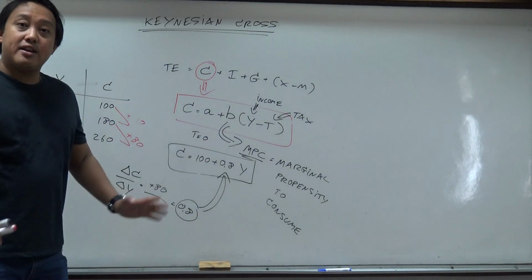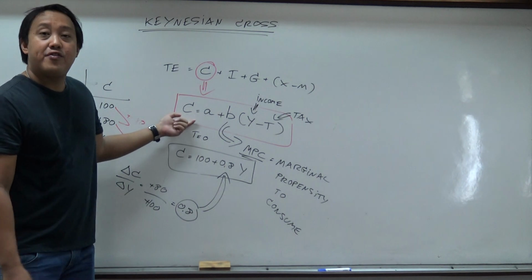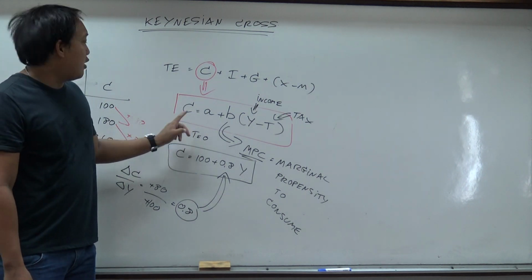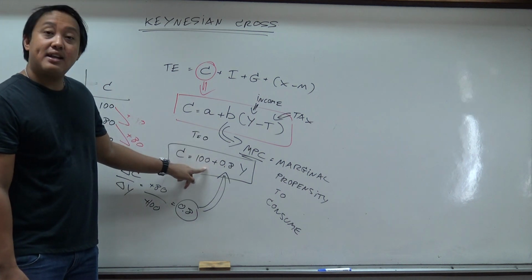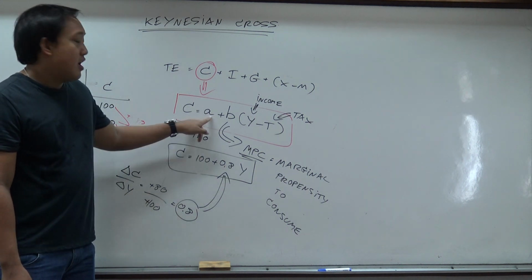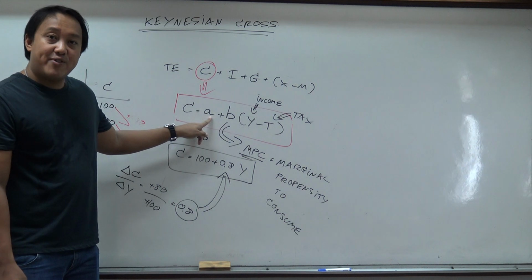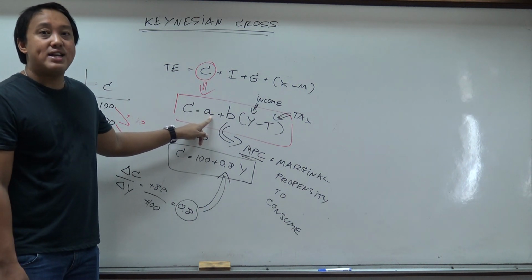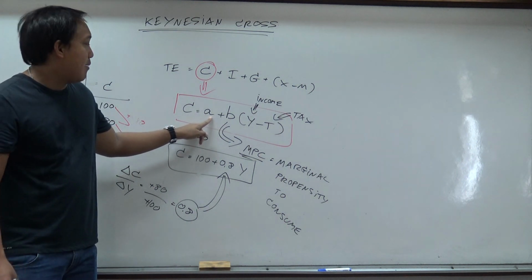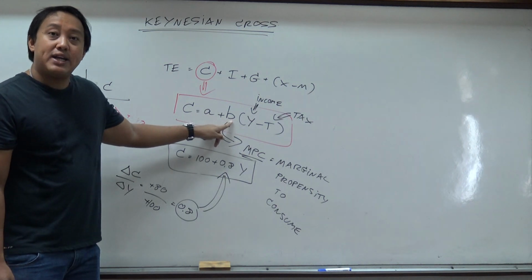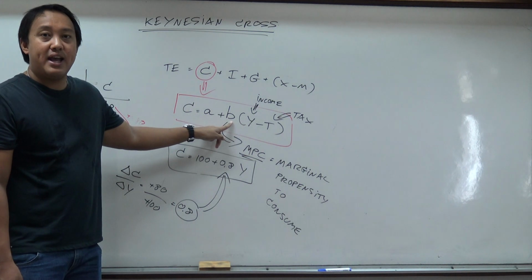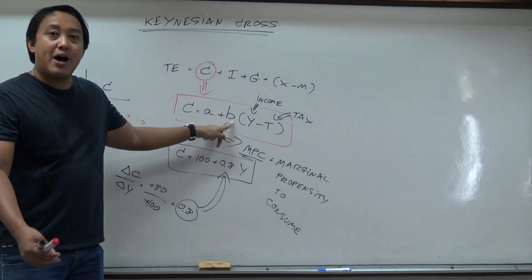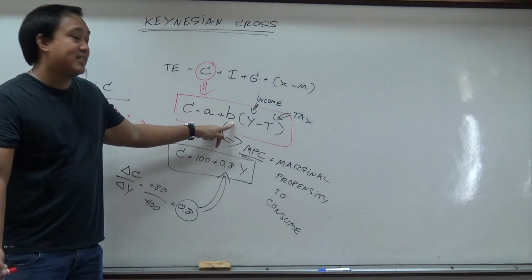So then you're done. You know all the meaning of the consumption equation. Consumption equation: C equals A plus B times Y minus T. A is the minimum amount of money that you need to survive in one day, even though you don't have any income. B, we call it the MPC, marginal propensity to consume: when you have more income, how much more money you're going to spend on consumption.